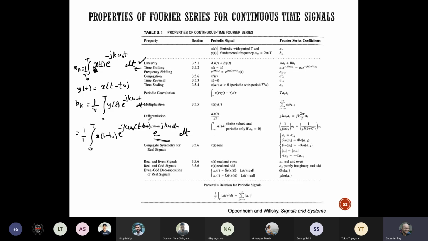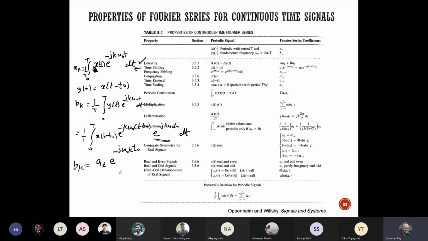Okay, is this fine? So this is t minus t0 plus t0. There's a minus here, so this is where the minus is. Is this okay? So when I look at the Fourier coefficients of a shifted signal, it's the same coefficient as the original signal, just getting multiplied by a complex number whose magnitude is 1, and this is essentially just adding a phase to this.